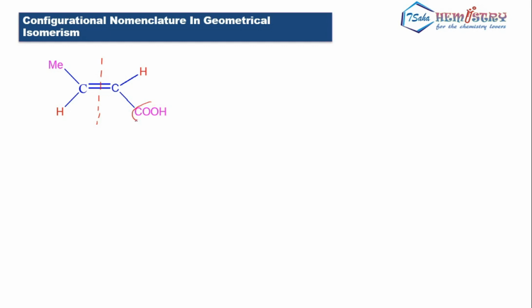You have COOH over here and you have H over here. As you know, in the case of COOH, you have a double bond. So this double bond can be duplicated like this, and you should consider this particular framework.